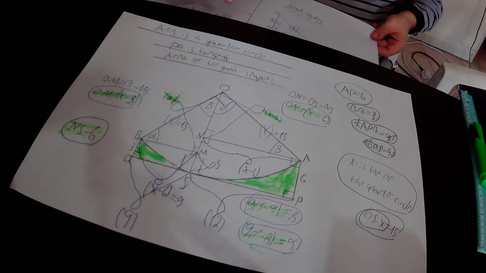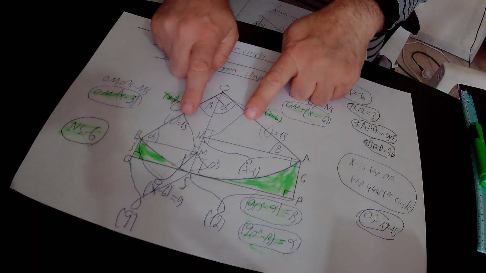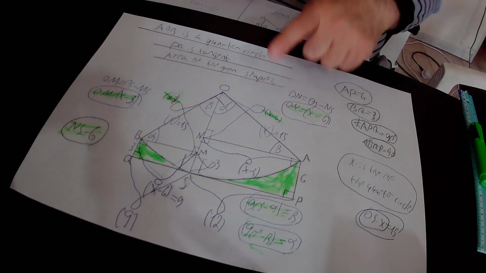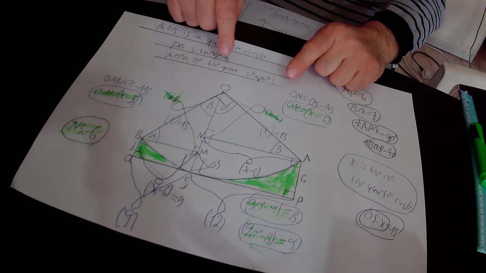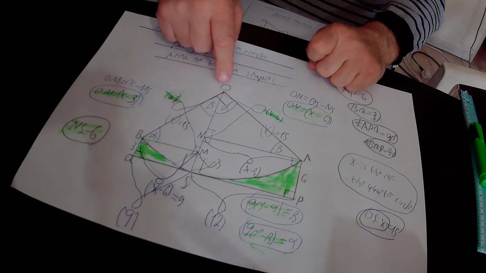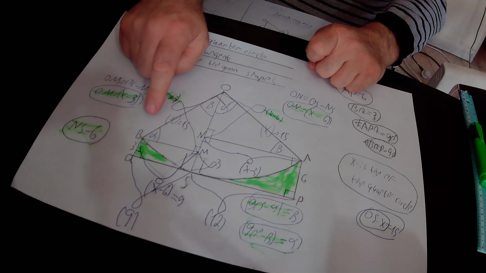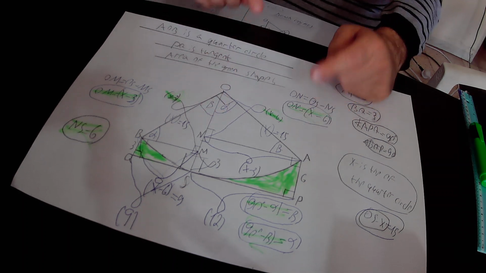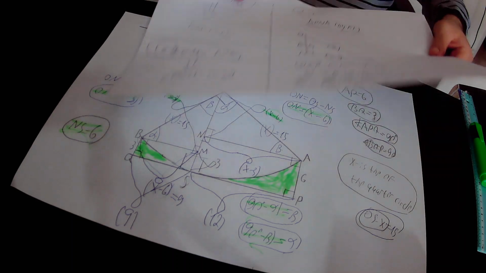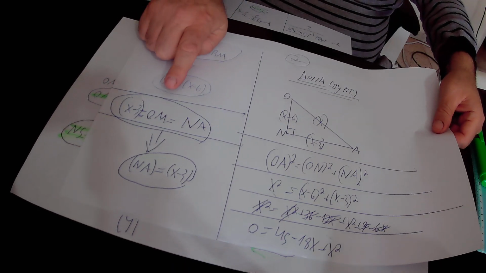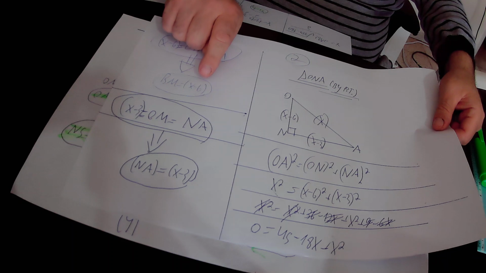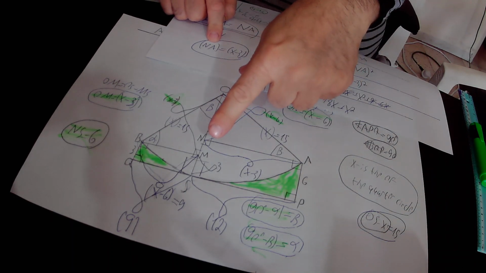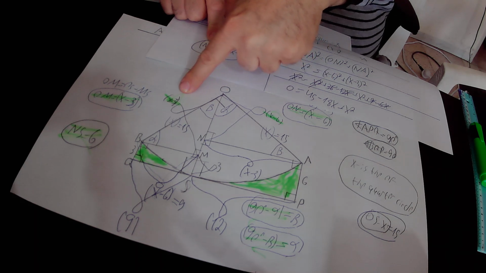Likewise, because those two right triangles are congruent, we conclude that side OM in the right triangle OMB is equal to side AN in the right triangle OAN. Repeat again: we derive that side OM equals side AN, but we have already found out that OM equals x minus 3.